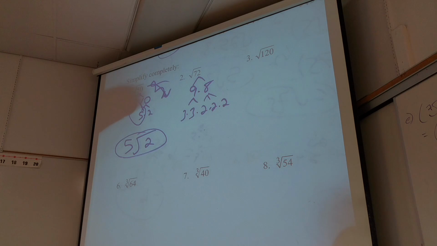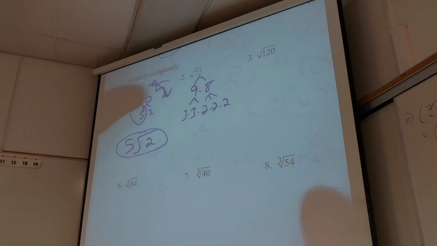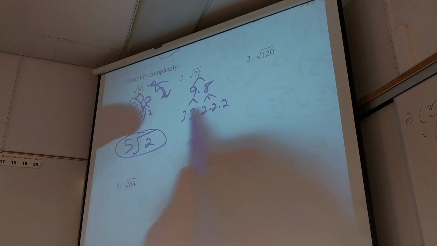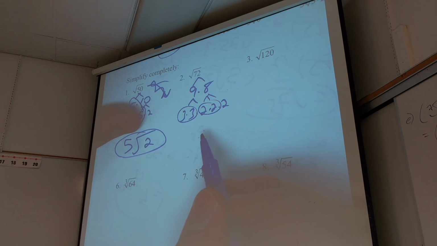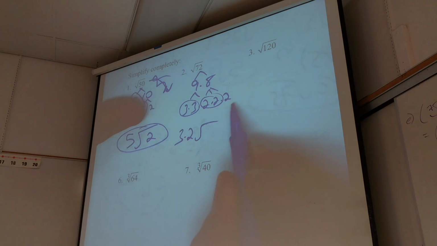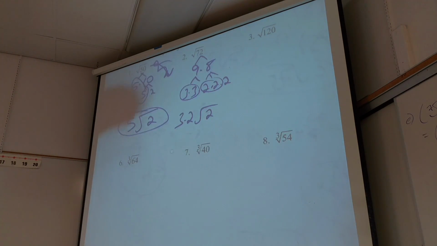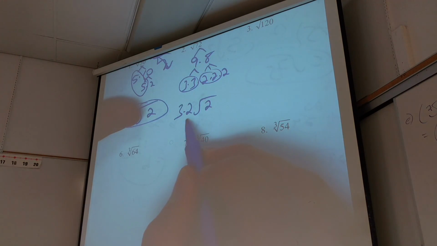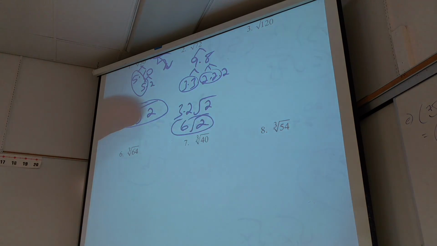And here's where people get a little confused because what are there 2 of? 2 2s and 2 3s. Good. Everything is doing what to each other? Multiplying. So you can take a 3 out and a 2 out, and they're multiplying. And what's left inside? 2. That last little poor 2 dude that had nobody to go with. So what's the answer? 6 square root of 2.